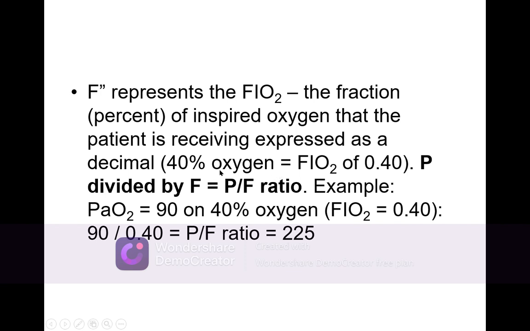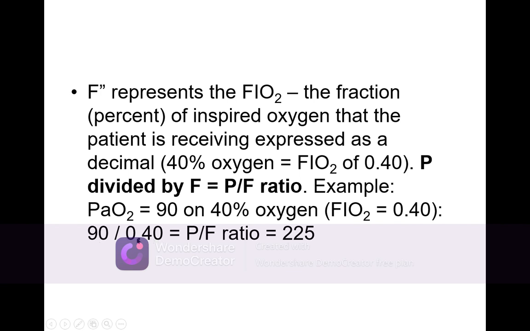This is the formulation, a chart. With 40% oxygen at the rate of 2 per minute, for example, the FiO2 will be 0.40. Then the P is divided by F, and F is already calculated. P means the partial pressure of oxygen, and we take the PO2 to FiO2 ratio. In this example the PO2 is 90 on 40% oxygen, equivalent to an FiO2 of 0.40.